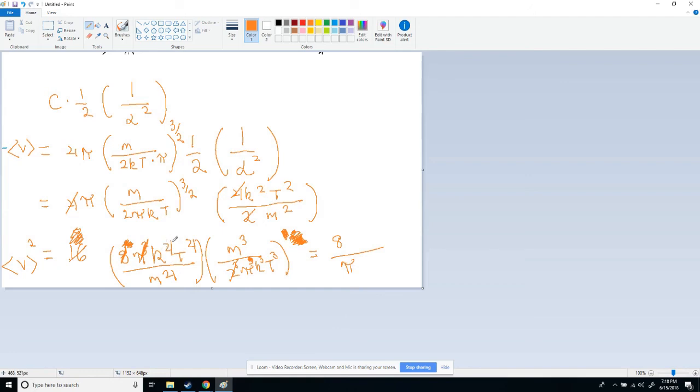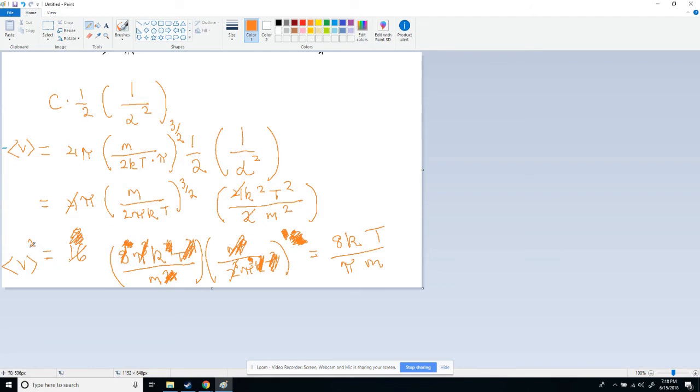K's, there will only be 1 in the numerator after the cancellation. T's, there's only going to be 1 in the numerator after the cancellation. There's going to be 1 m in the denominator after the cancellation.